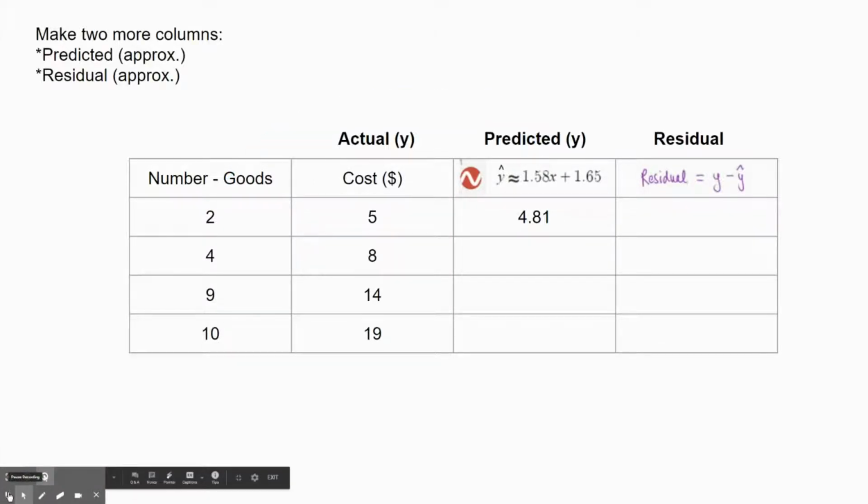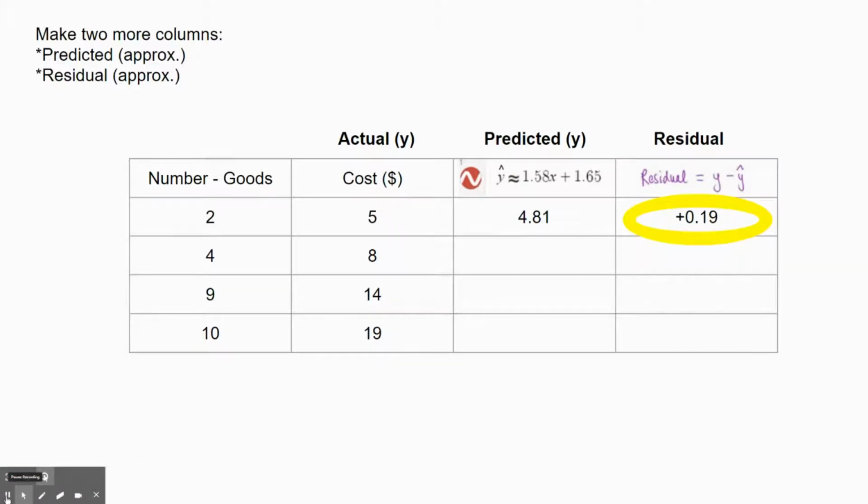When we substitute in 2, we get a value of Y hat equals 4.81. That's our predicted cost, a little bit under the $5. So our residual is going to be 5 minus 4.81, Y minus Y hat, and we get a value of positive 0.19. Well, what does that mean?